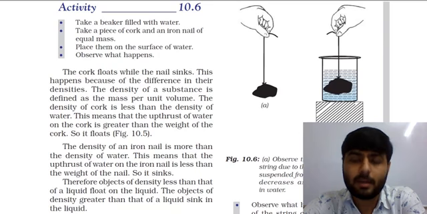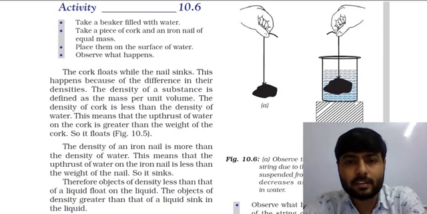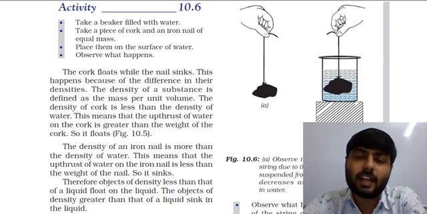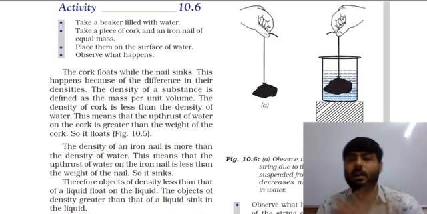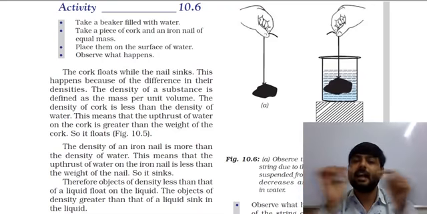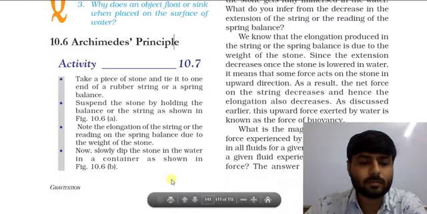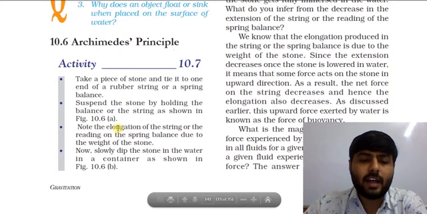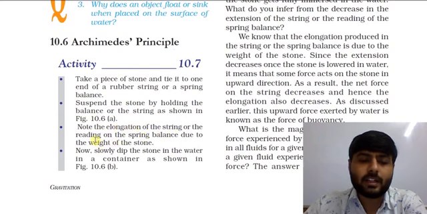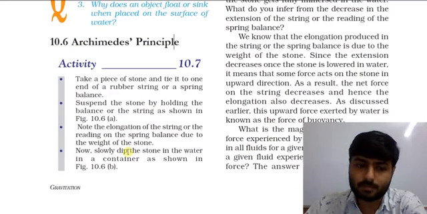Here we have a rubber string, so we know that when we attach any mass at the end of this rubber string, it will elongate or expand. Note the elongation of the string or the reading on the spring balance due to the weight of the stone.